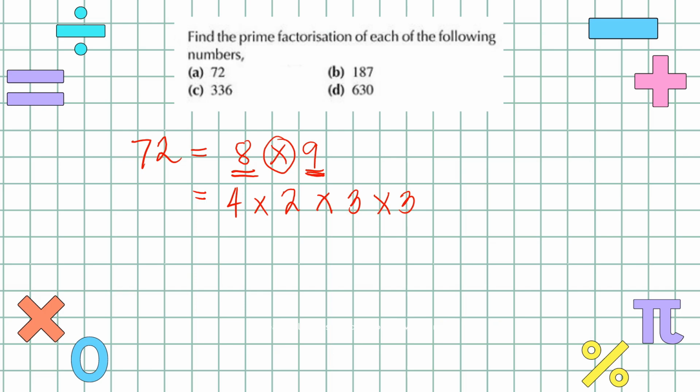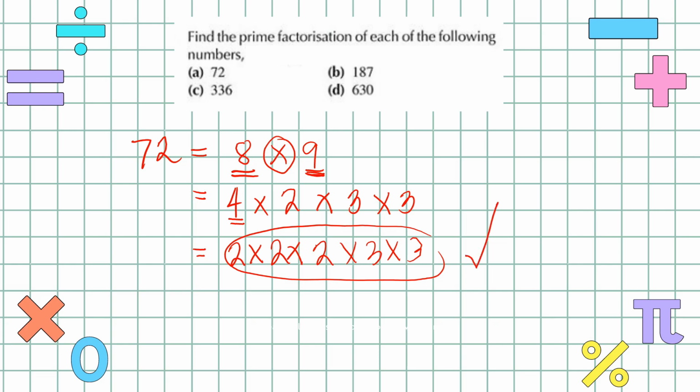And then among these 4, the only number which is not yet a prime number is 4. So let's copy the rest, times 2 times 3 times 3, and rewrite 4 as 2 times 2. Now, would you agree to say that these are now prime numbers? If yes, then this is already the prime factorization of 72.